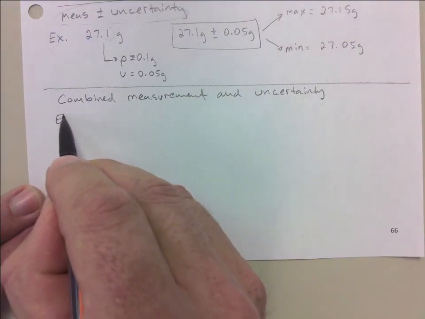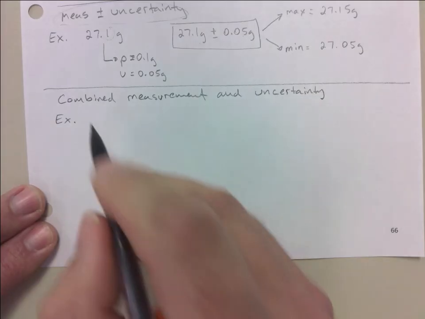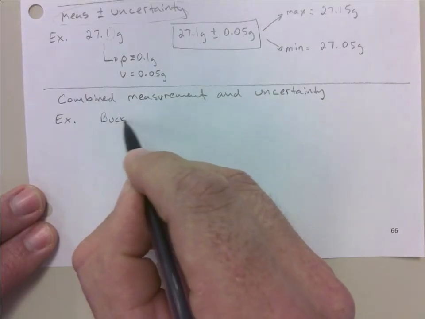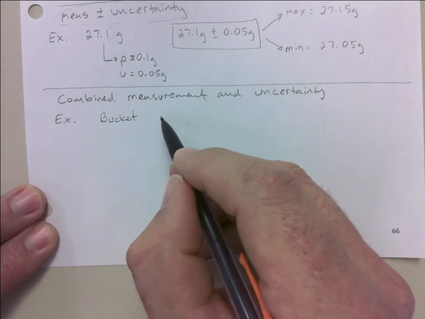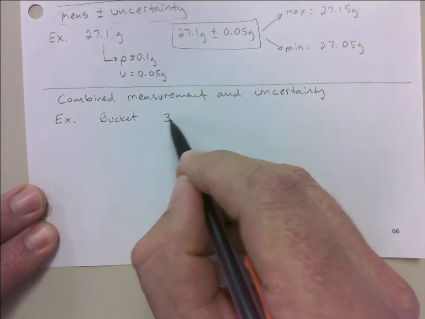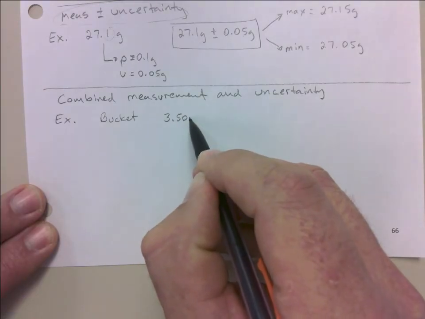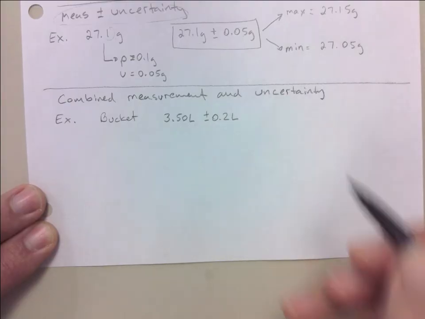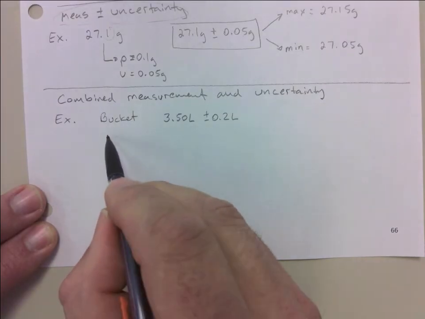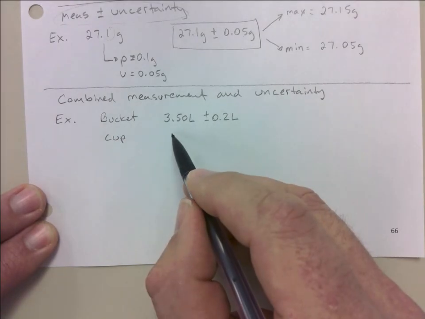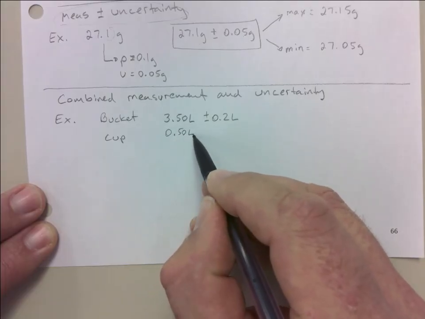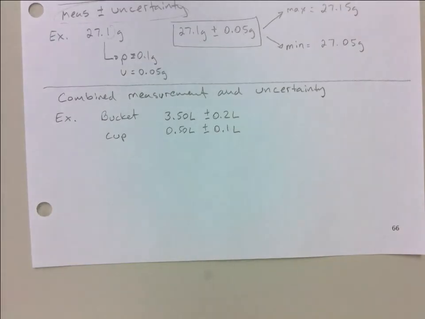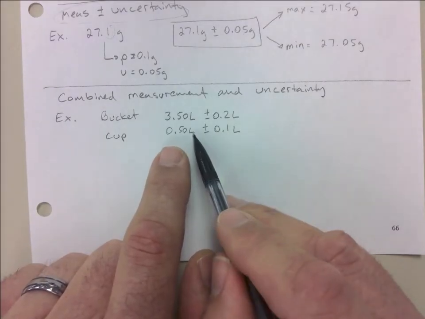And so the example here is, let's say you have a bucket, and the amount that is in the bucket, I'm just making this up right now, is 3.50 liters plus or minus 0.2 of a liter. And you have a cup that has half a liter in it, plus or minus 0.1 liter. Like you literally have the measurement and the uncertainty already like that.